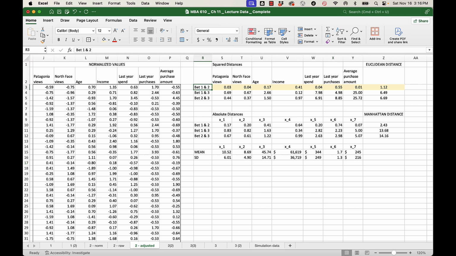And we see again that, like with the Euclidean distance, the Manhattan distance yields the same result, which is that observations 1 and 2 are the most similar in this data set. And when we were looking at raw data, we didn't see that because the income value was dominating.